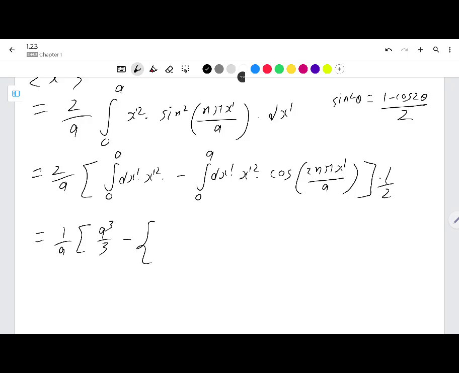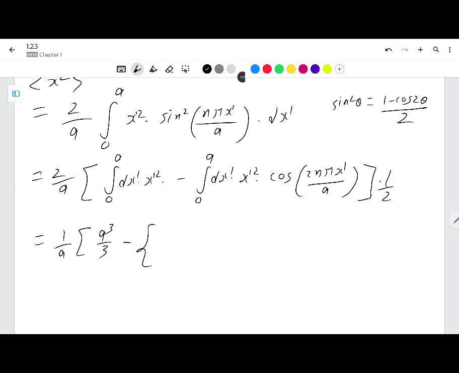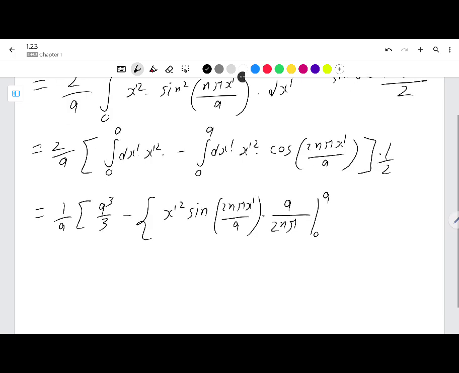So do integration by parts. This gives us x squared times the integral of cos, minus the integral of 2x times the integral of cos.